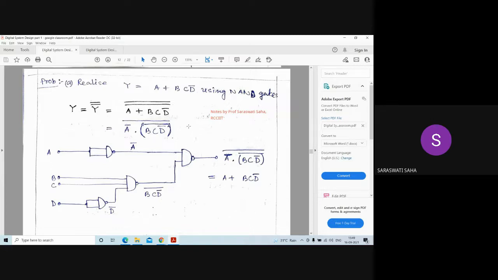Then decompose this expression using De Morgan's theorem. In which form is it given? It is given in NOR form, right? Because one term is A, another term is B C D bar. There is an OR symbol between these two terms and one complement is there. So if we consider this complement, then this part is basically a NOR expression, right?